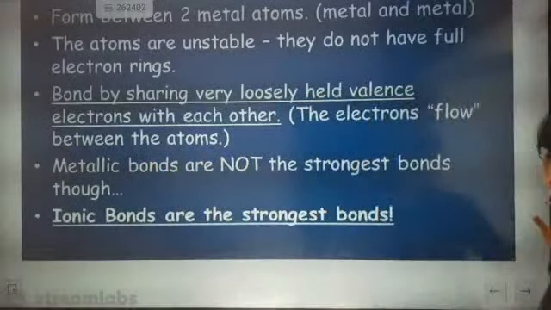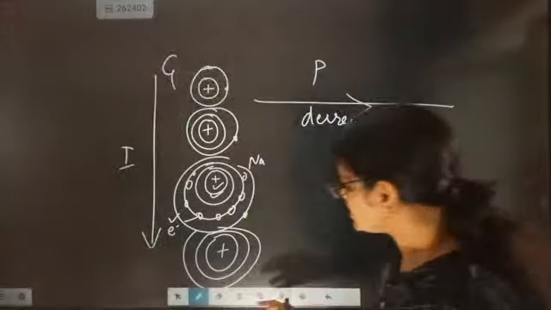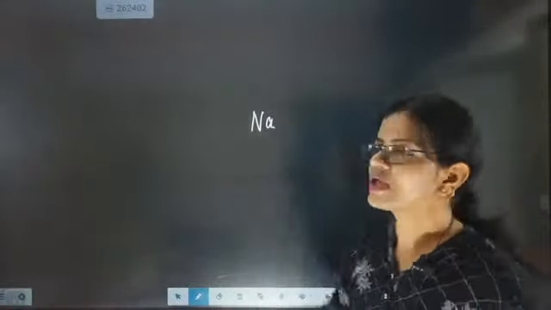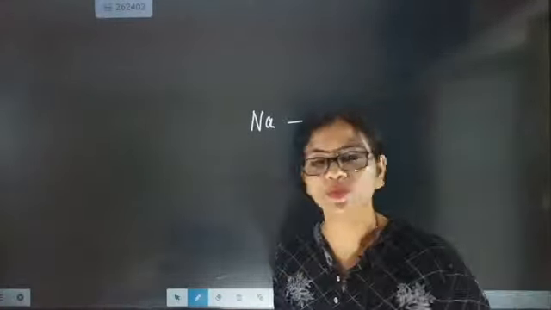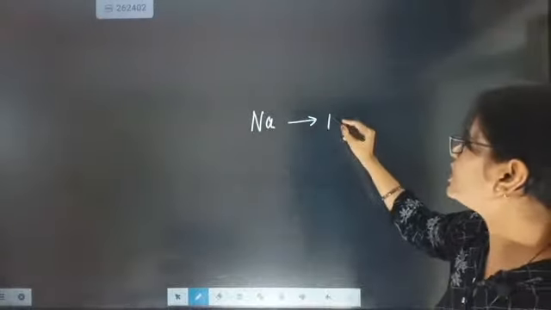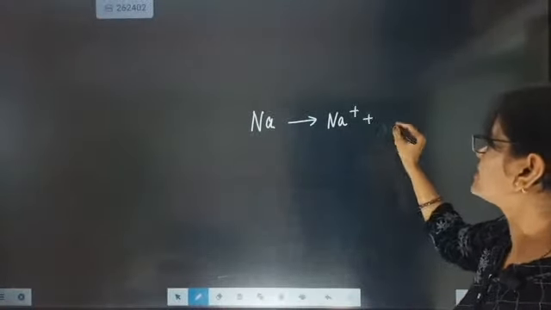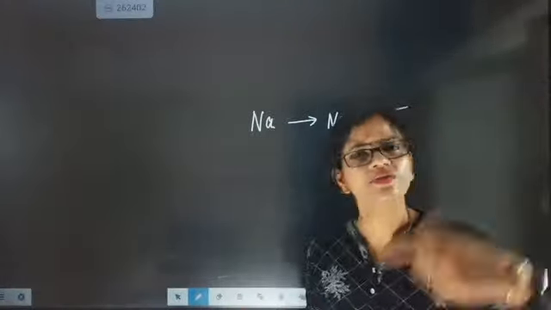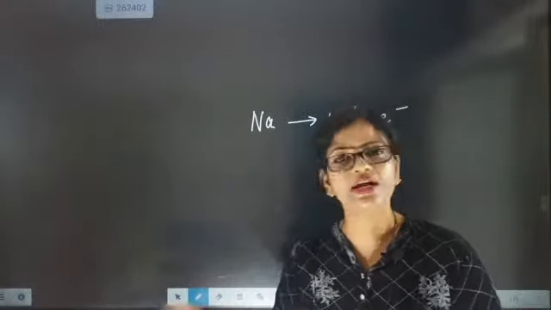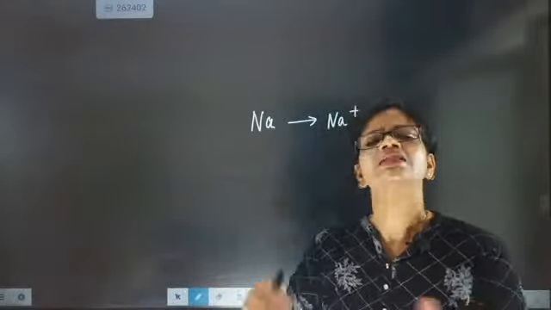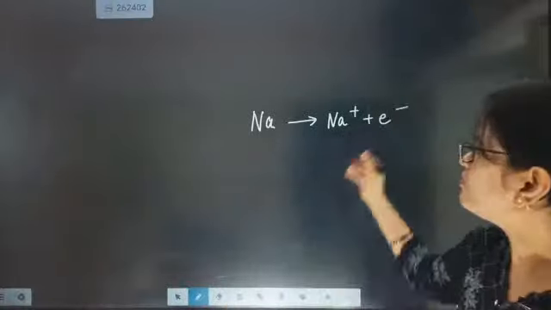Now just understand this situation. The easiest way to understand is sodium. Sodium wants to gain the nearest noble gas configuration. If sodium does not get any electronegative element, then what will sodium do?